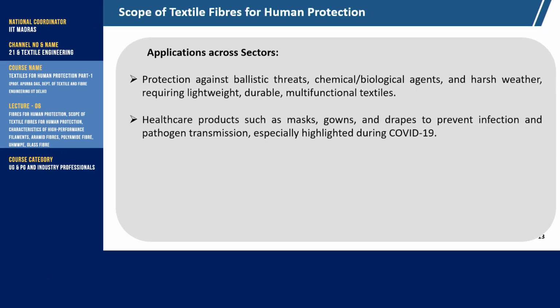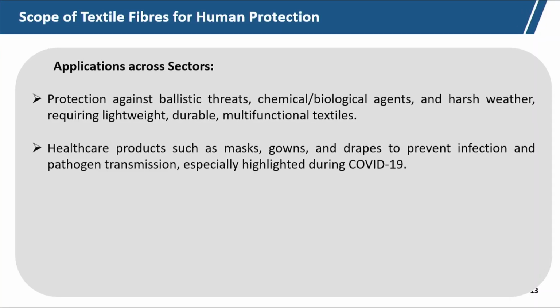Healthcare products such as masks, gowns and drapes prevent infection and pathogen transmission, especially highlighted during COVID-19. During COVID-19 we needed different types of gowns, masks, PPE kits with multifunctional characteristics.